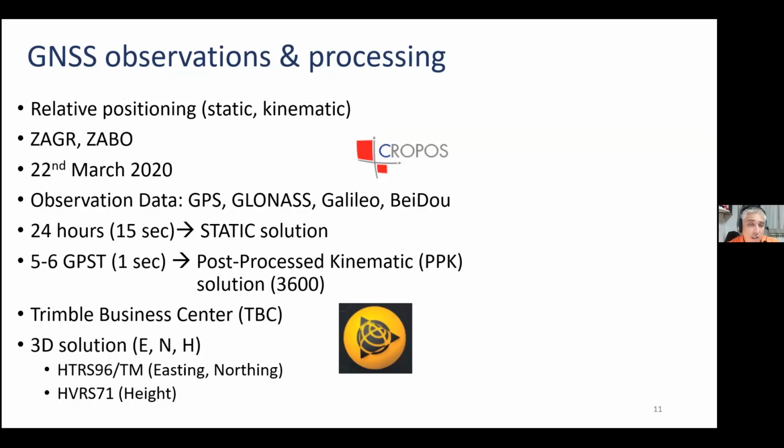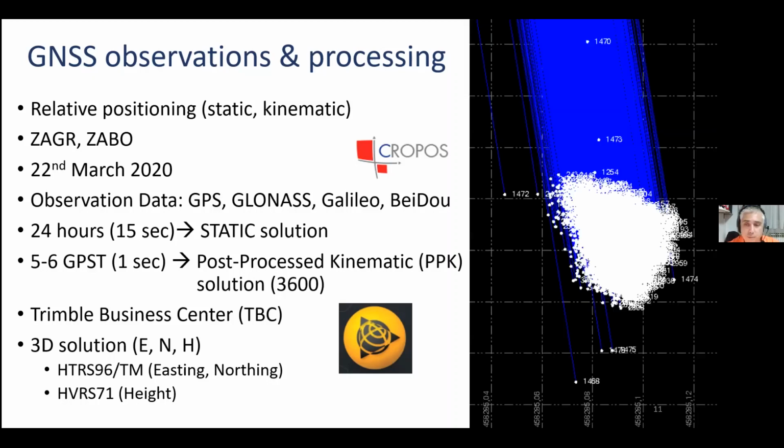Observation data included all GNSSs, so all four systems. 24 hours were used with a 15 second logging interval for a static solution, and in addition, 1 hour, namely from 5 to 6 GPS time, with a 1 second logging interval. Those data were used for the kinematic solution, providing 3,600 epochs.